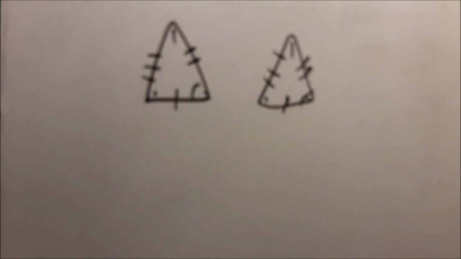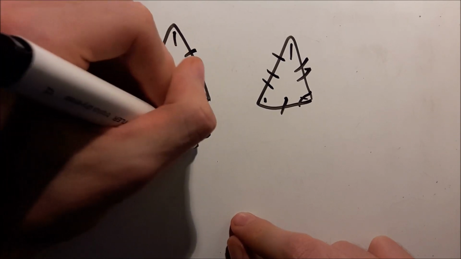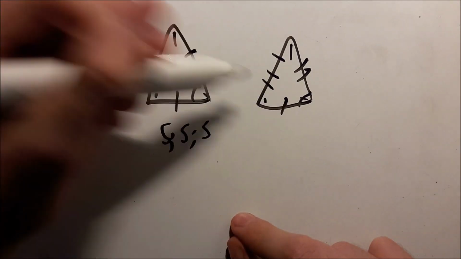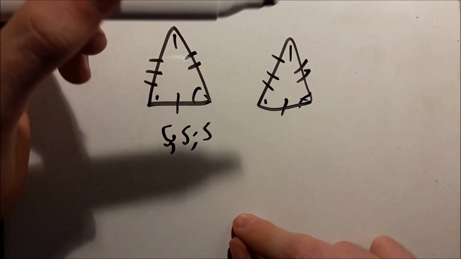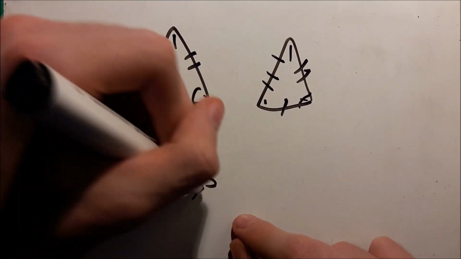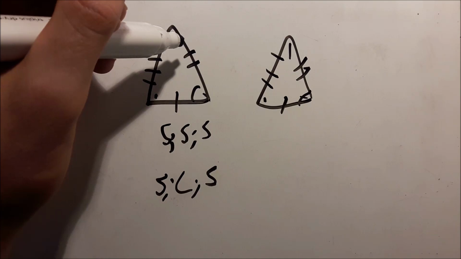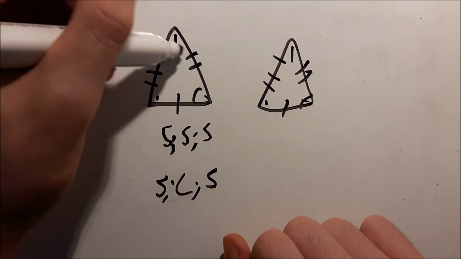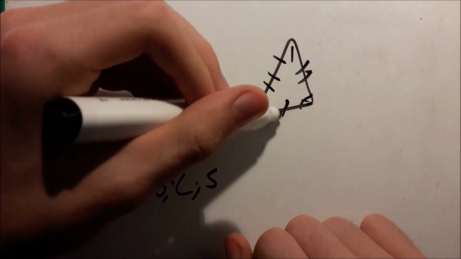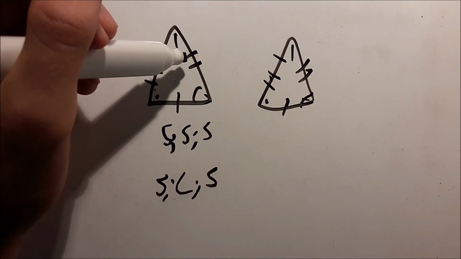Okay, so the angles, there are 3 different ways of telling. Either you see 3 sides that are the same, of equal length, so this side and that side, this side and that side, and that side. Or you do side angle side, so an angle, like this angle and this angle, this side, this side, and then these 2 angles are the same.